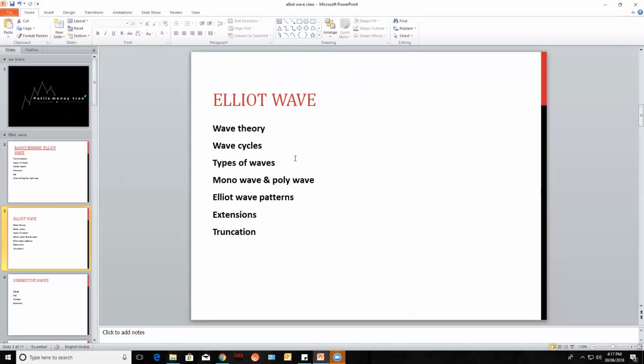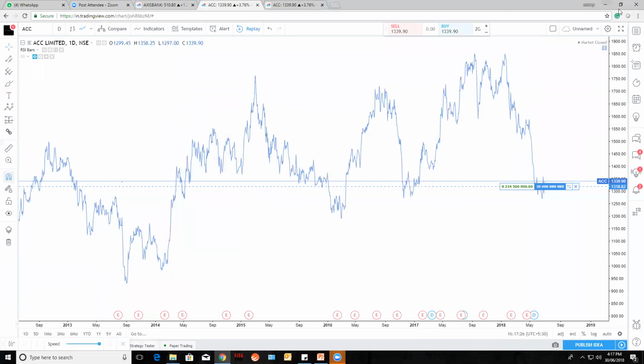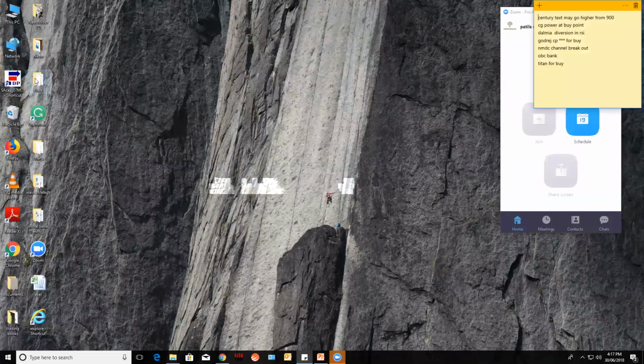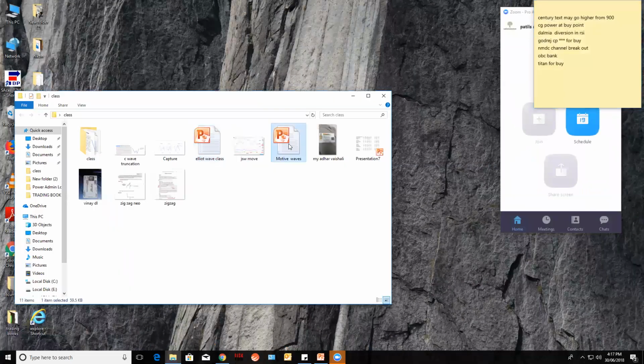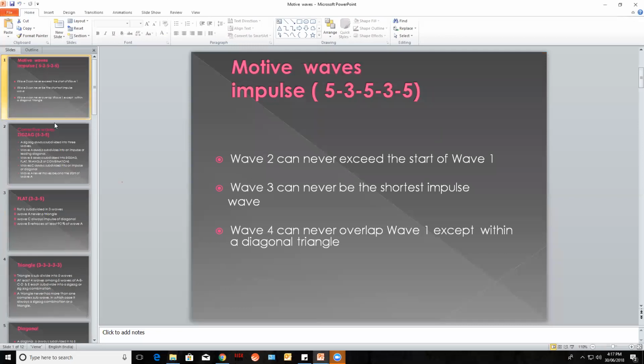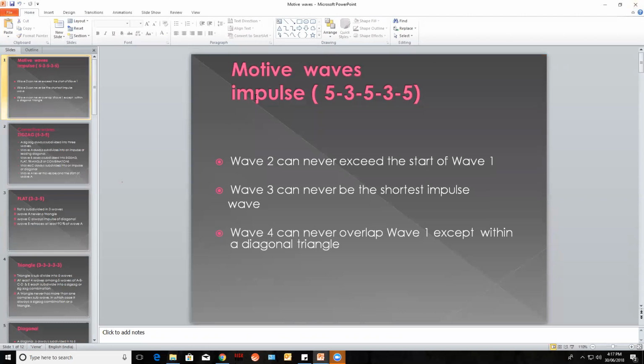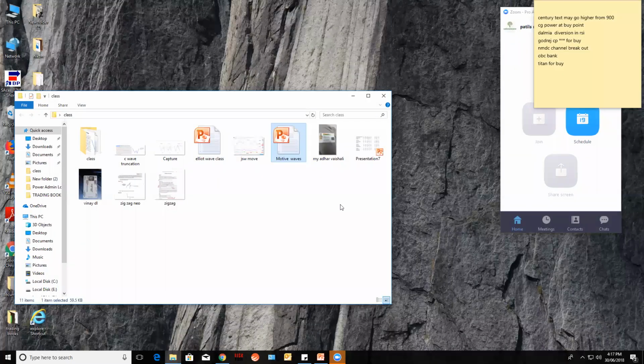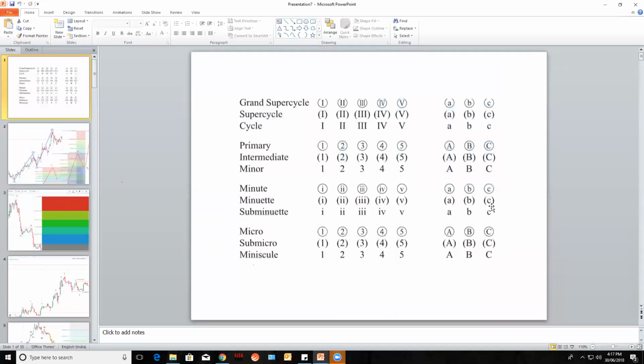For naming purpose, in the class, there is a mnemonic lecture. Yeah. So this is how they named it as an Elliott wave naming purpose.